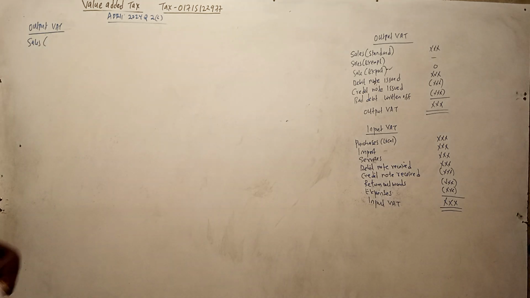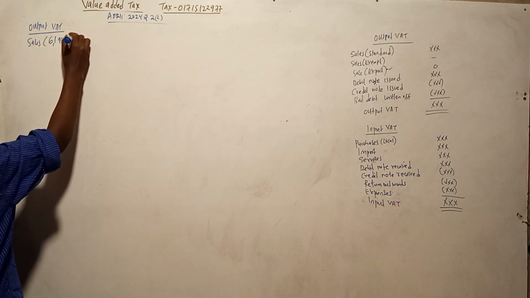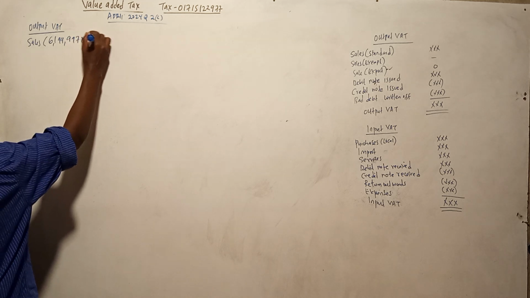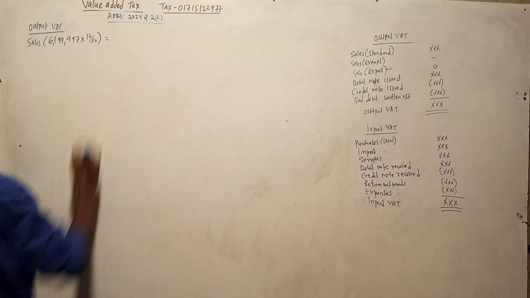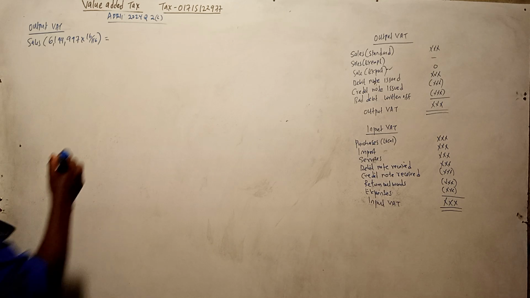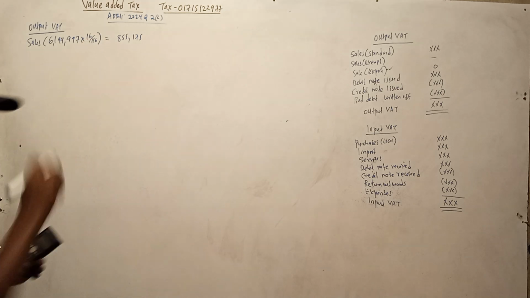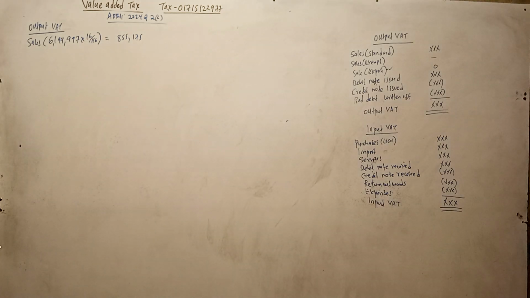How much is it? 61,99,997 times 16 over 116 because it is inclusive. So 61,99,997 times 16 divided by 116 is 855,175. Information number 2, export to Egypt.